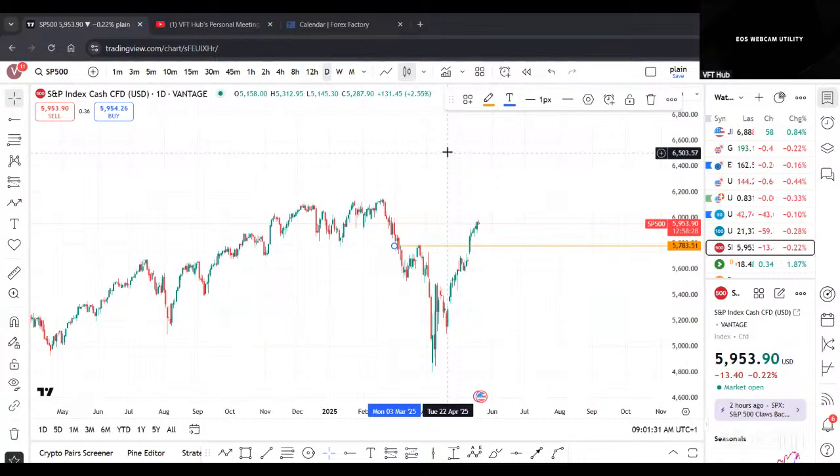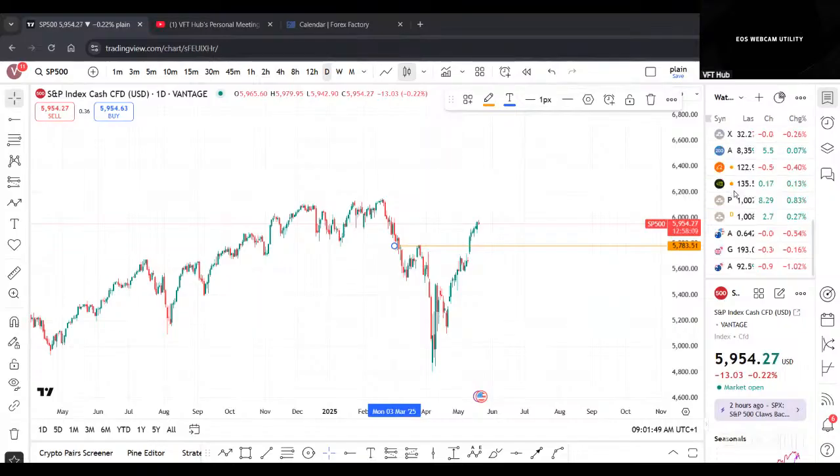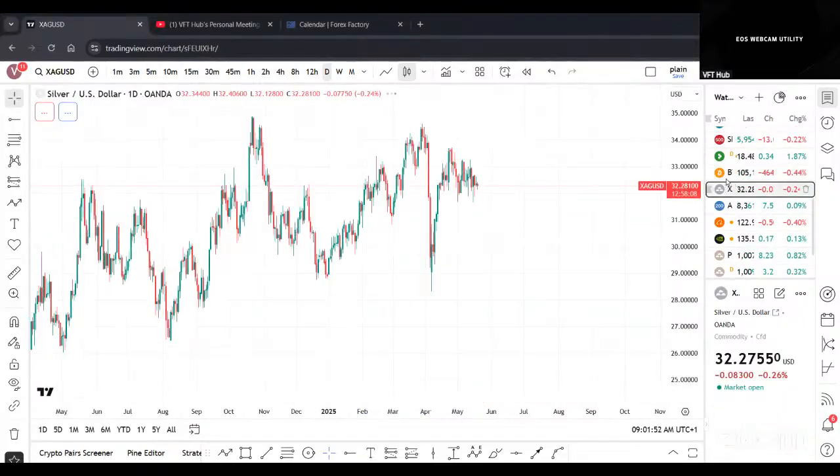Then gold, precious metals, and other assets in that class. On Tuesday and Thursday, we do analysis on the commodity asset class and also US equities. But no problem, nonetheless we look at gold and see what is happening on gold this morning.